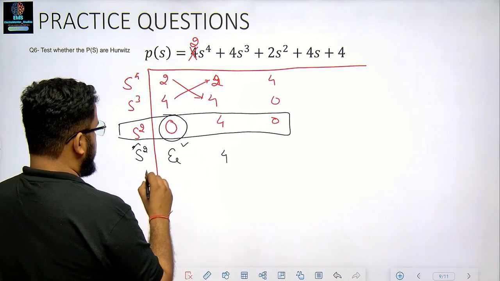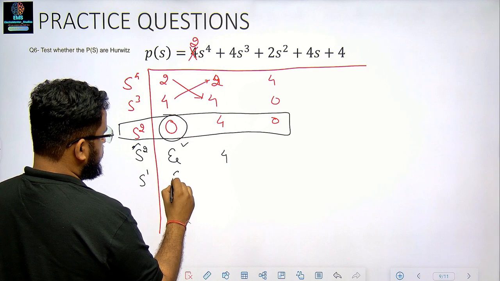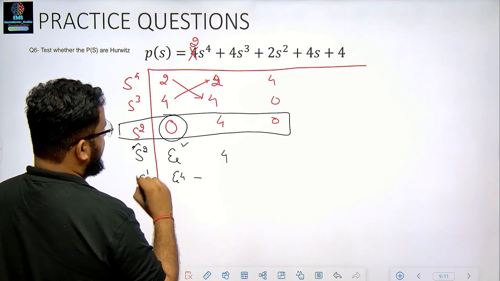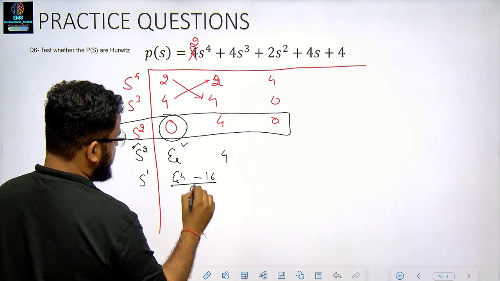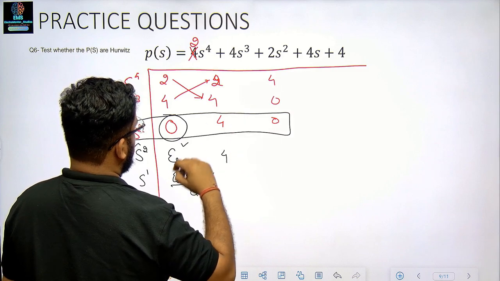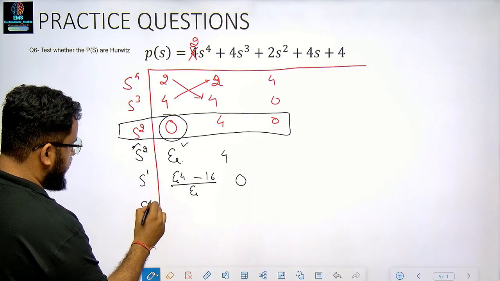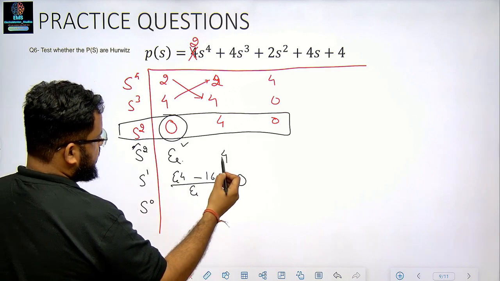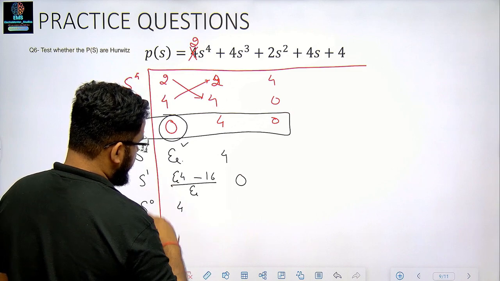Okay, so now S1, zeta into 4 minus 4 into 4, 16 divided by zeta. Okay, next term, zeta into 0, 4 into 0 is going to be 0. Now S naught, zeta into this is going to be 0, this into this divided by this is going to be 4.